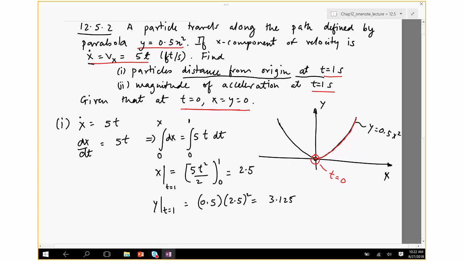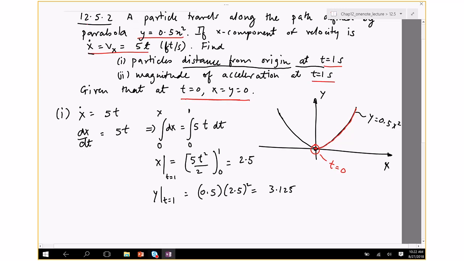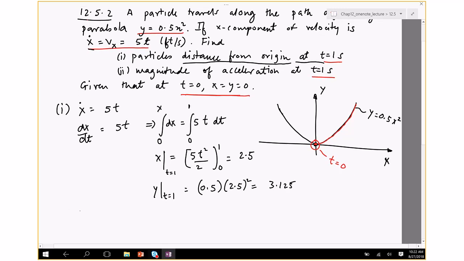Okay, so now to find the distance from origin, it is the x component squared plus the y component squared.